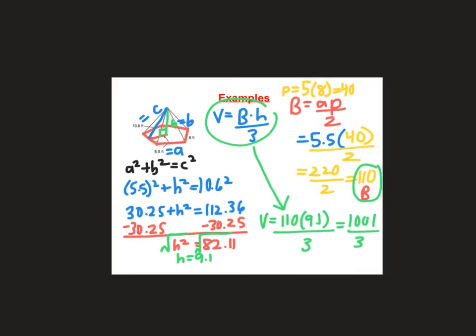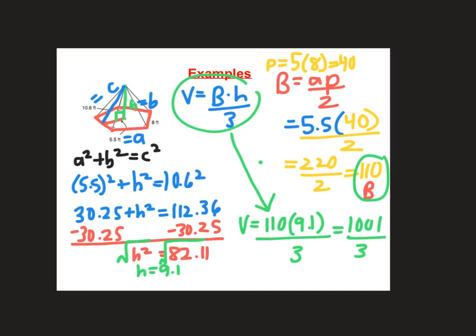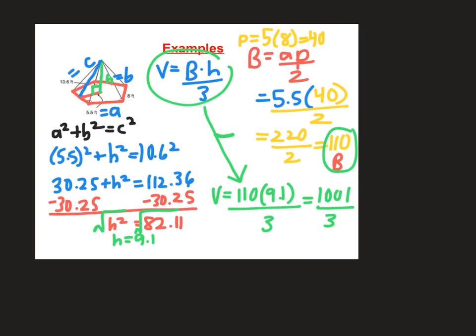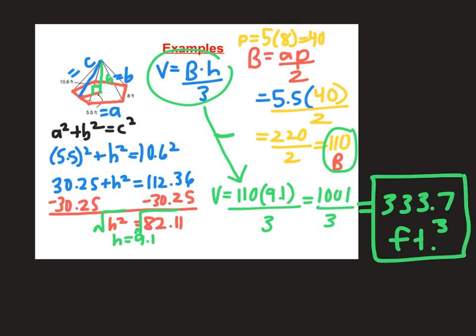I'm going to zoom out a little bit and move it up. If I do 1001 divided by 3, I get 333.7. Again, we're talking about volume. My units are feet, but because it's volume, it's feet cubed. And that will be my final answer.